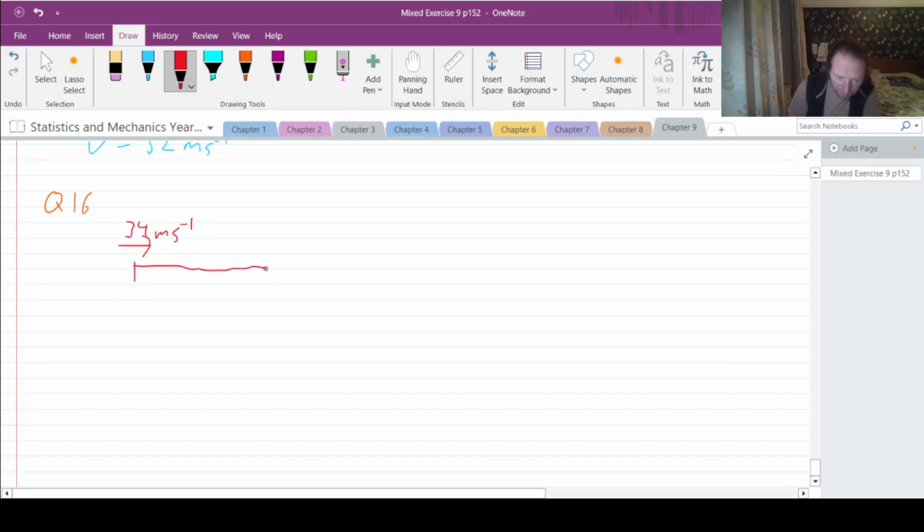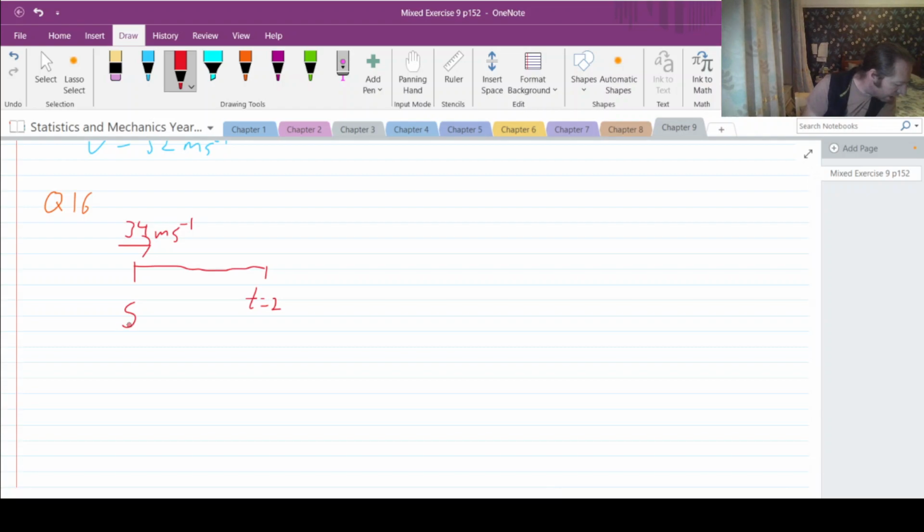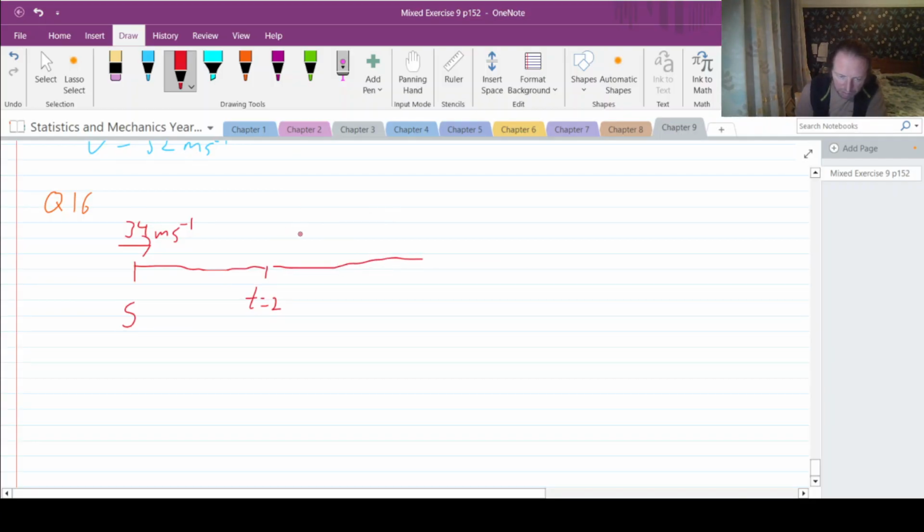And after 2 seconds, the driver, when it passes a sign S, so this is point S, she then reduces her velocity to 22 meters a second with a constant deceleration of 3 meters a second. So she comes down at this point here after 2 seconds.